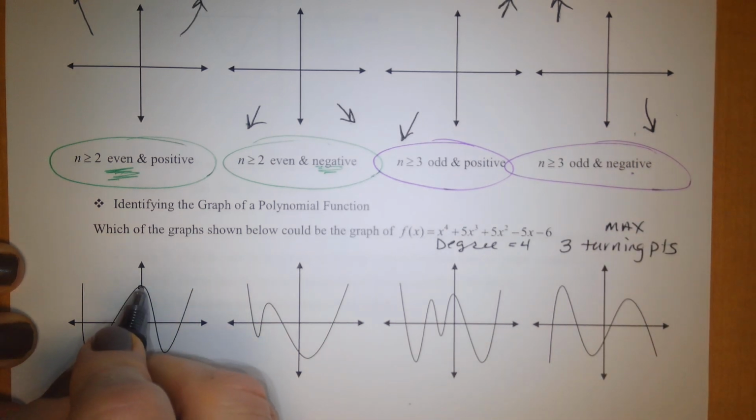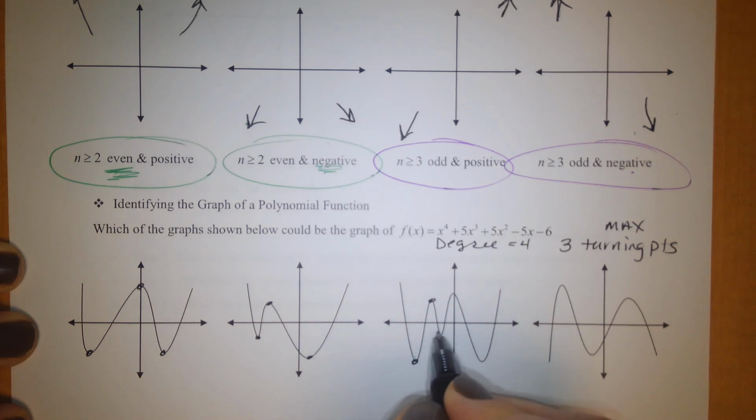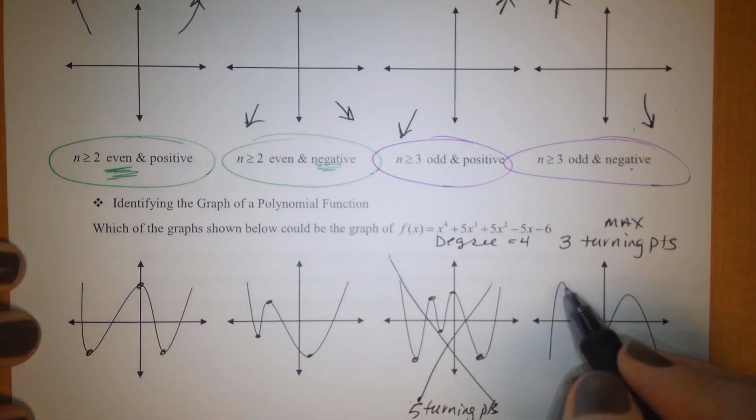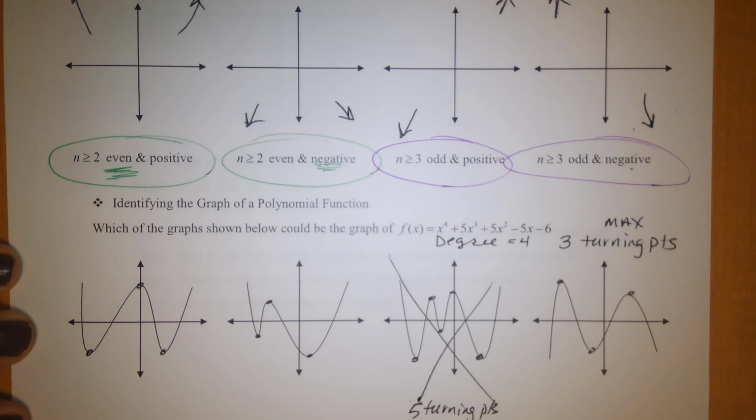This graph has 3 turning points, so it could be that one. This graph has 3 turning points, it could be that one. This graph has 5 turning points, so it's not going to be that one because that one has too many turning points. But the graph could also be this one, because it has 3 turning points. So I've eliminated one.